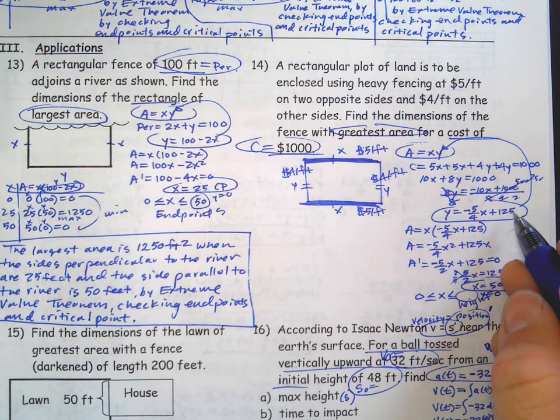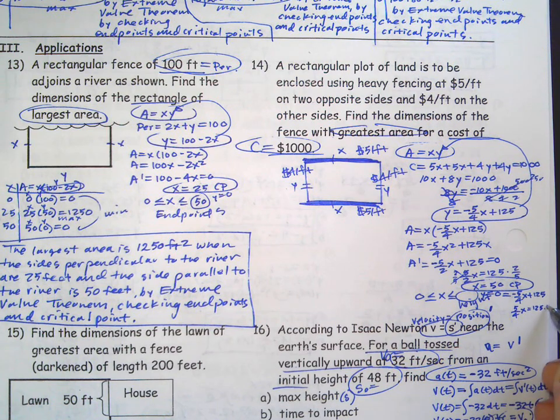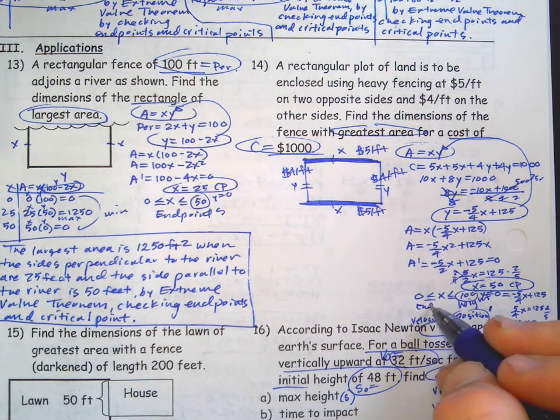So you're going to take this equation right here and solve for x. So that's going to be 5/4 x equals 125. We're going to multiply by 4/5. So that's going to be 100. These are your endpoints.